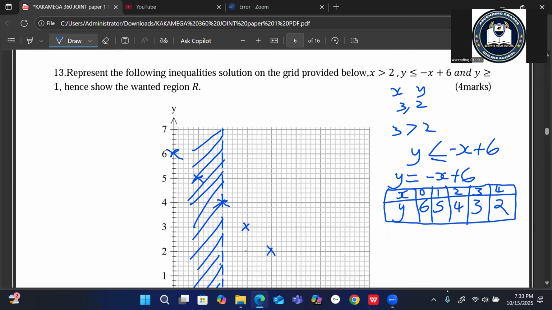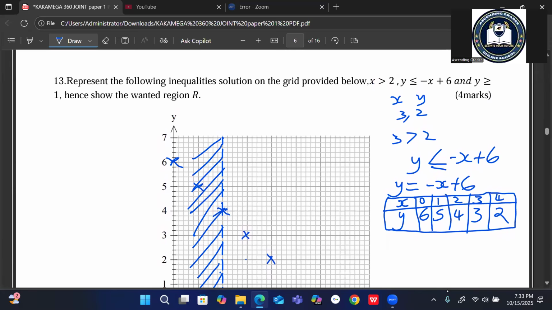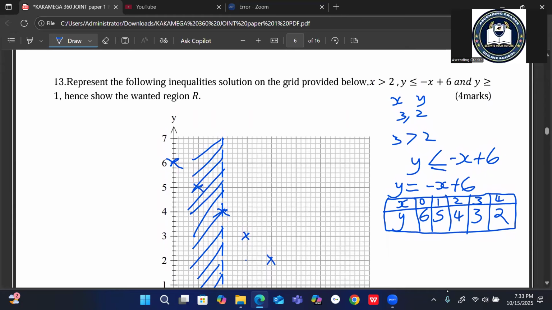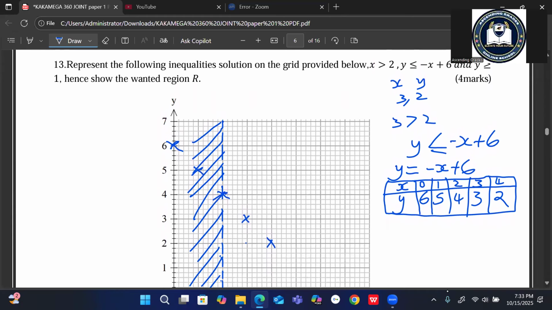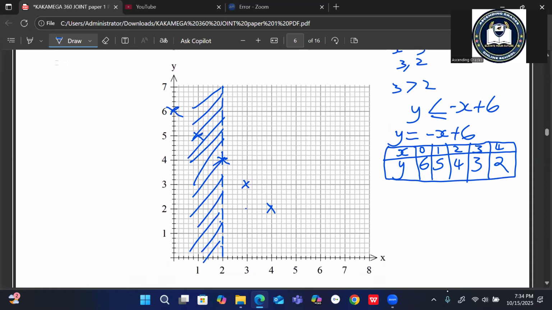So that is the plotting of y is equal to negative x plus 6. Since it has an equal sign here, it means that we should draw a continuous line, not a dotted line. So this is it.